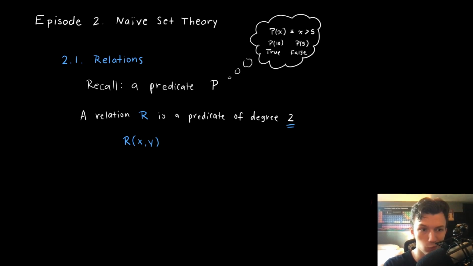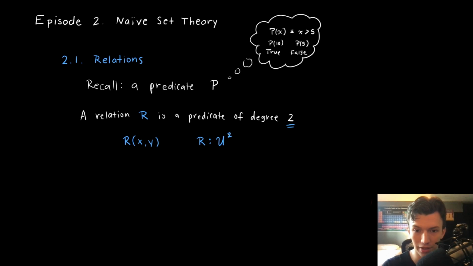Also recall that we talked about the universe of discourse, or the domain of discourse. That's written like this. So R has some universe of discourse, and we write a 2 up here, meaning it has two inputs.